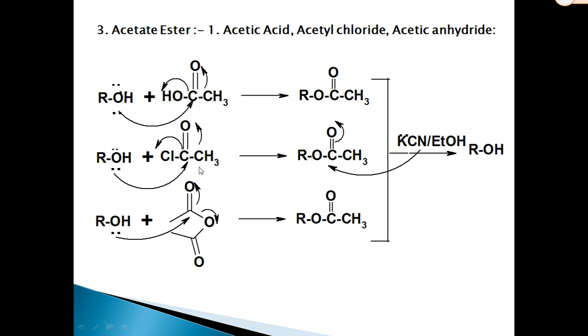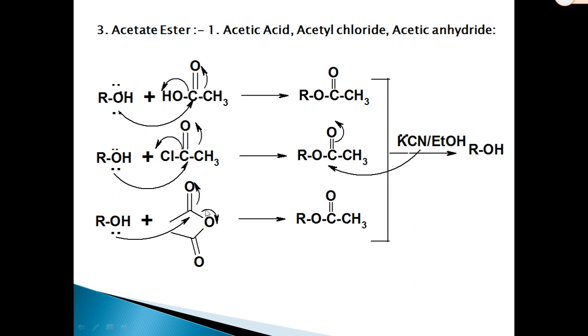When we use acetyl chloride, again similar pattern, similar mechanism. The lone pair shifts to the carbonyl carbon of acetyl chloride, the pi bond opens on the oxygen atom, and again the chloride ion is removed here to restore the double bond. On loss of H positive ion, we get the acetate ester. In the third case, acetic anhydride, again the lone pair of oxygen atom shifts toward the carbonyl carbon atom, the pi bond opens on the oxygen.